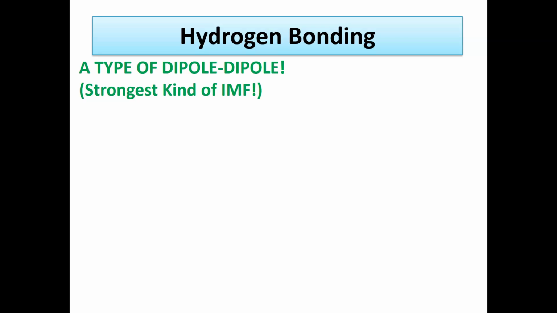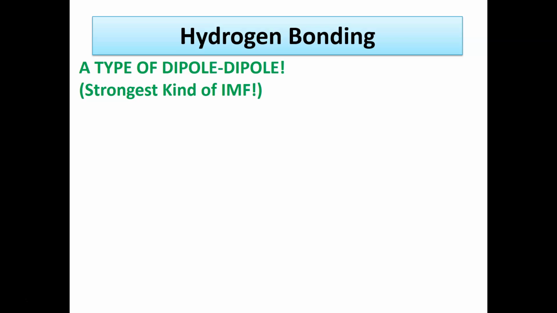The funny thing about hydrogen bonding is that it's just a type of dipole-dipole. It's like a subcategory, a more specific dipole-dipole. It is a really, really extra strong dipole-dipole because you're going to have a really big difference in your electronegativities.